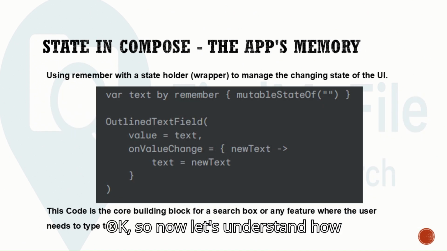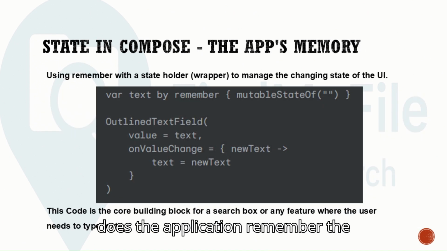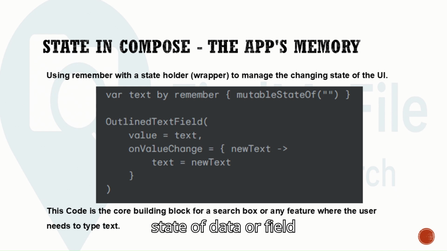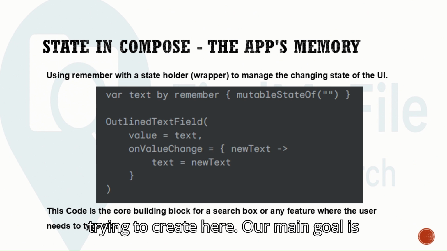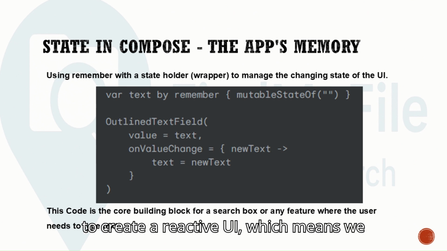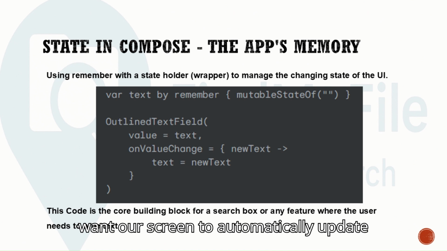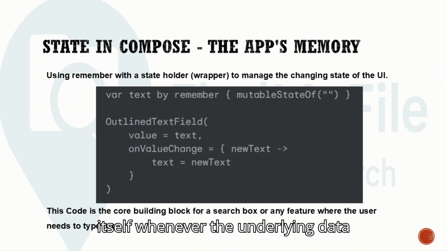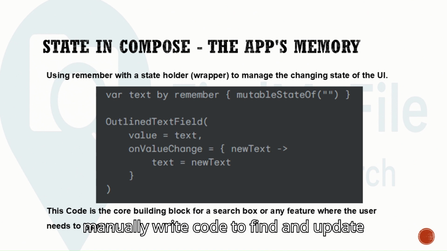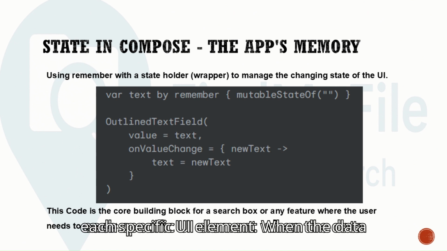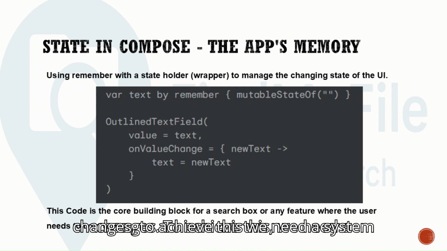Okay, so now let's understand how the application remembers the state of data or a field using Compose. Before that, let's understand what we are trying to create here. Our main goal is to create a reactive UI, which means we want our screen to automatically update itself whenever the underlying data changes, without us having to manually write code to find and update each specific UI element when the data changes.